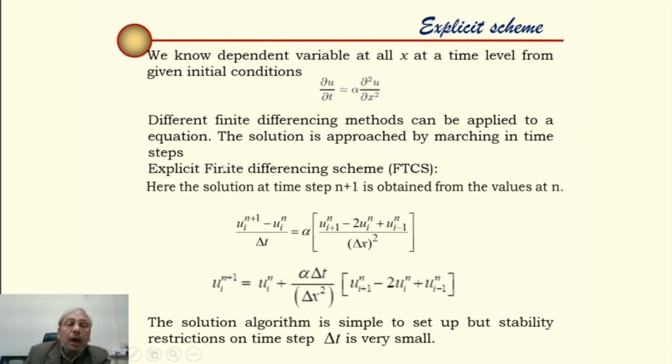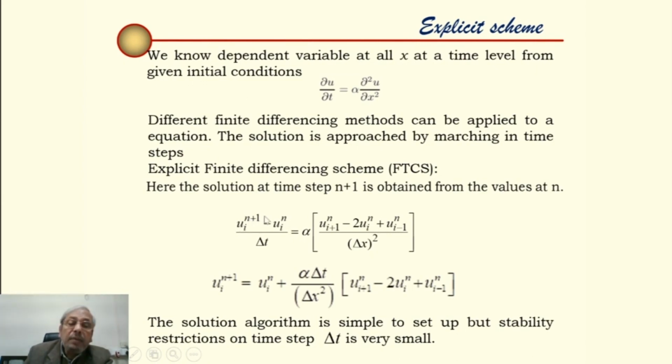Now this equation can be discretized. That means the specific finite difference forms can be written using the explicit finite difference scheme, which is known as FTCS, that means forward in time, central in space. In the time direction, we have used n as the index.